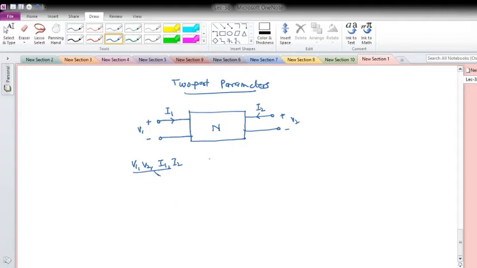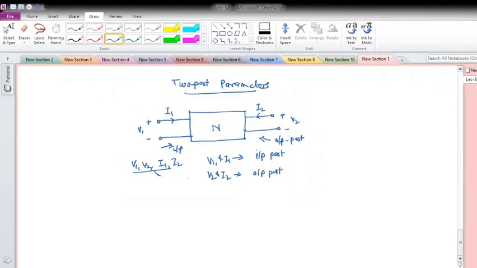Okay, so V1 and I1, what are this V1 and I1? These are the voltages and currents at the input port. Okay, and V2 and I2 are the voltage and current at the output port. Let me call this my input port obviously, and this will be my output port.